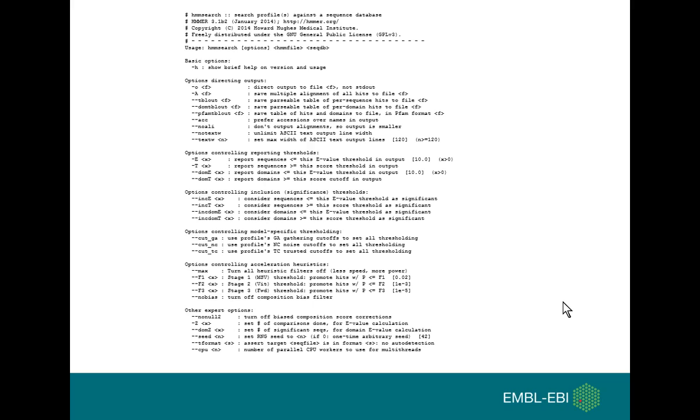So if I started playing with these thresholds, these might well start having some sort of effect, because these are about reporting inclusion thresholds. Then these are the gathering thresholds.